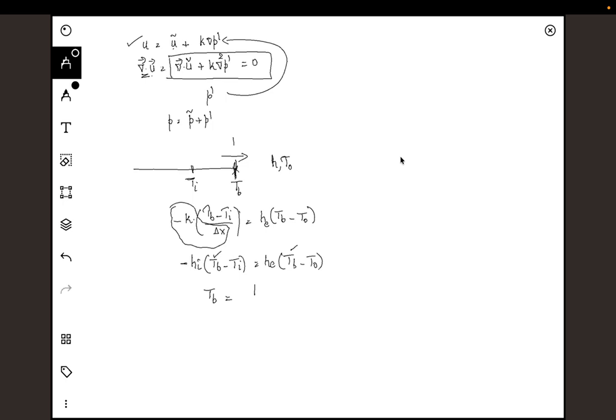There will be a minus here because of this minus K by delta X. If I group the terms together, I'll have TB equal to He times T0 plus Hi times Ti, divided by He plus Hi. This gives me the boundary temperature, which I will use in my equation subsequently.